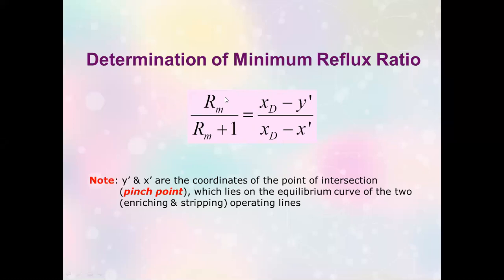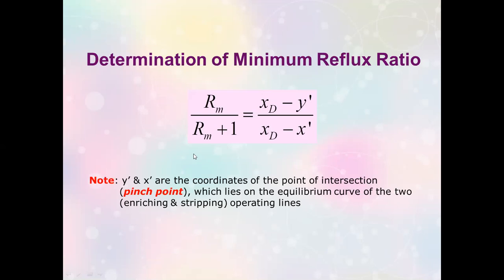Now, why the minimum reflux ratio? Why the need for the concept of the minimum reflux ratio? Because our columns, our systems, are designed to operate to optimize the operation most of the time, as with other equipment for that matter.